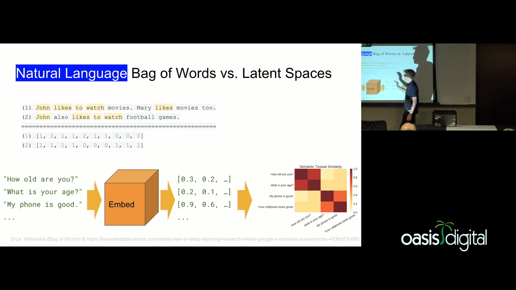But these aren't representing counts of individual words. In fact, we don't usually know what each one of these numbers actually represents, but it's some kind of aspect of the input. So if you have a similar number for the first item in the arrays, then you would expect that these are similar in whatever that first entry in the array is representing.